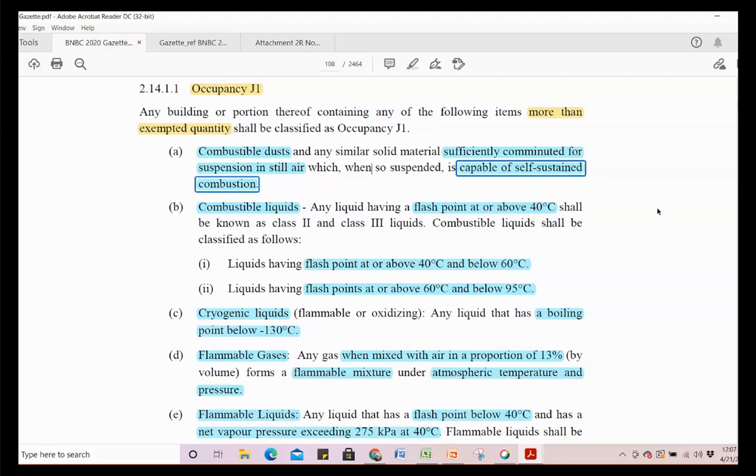So this may create a situation of fire and explosion. So this is one thing. If any material more than exempted quantity is present in a facility, it has to be classified as occupancy J1.